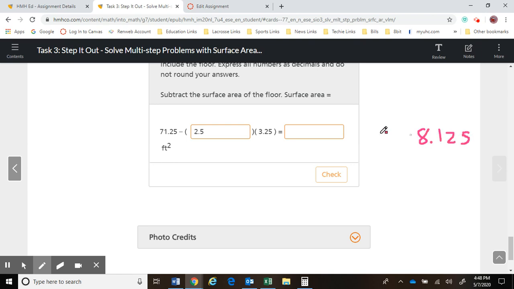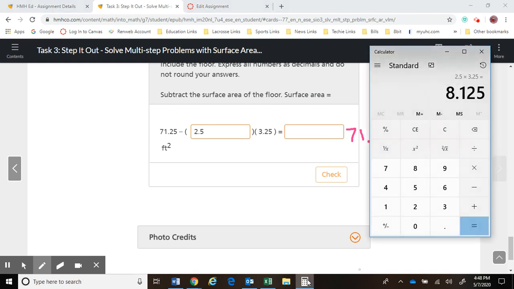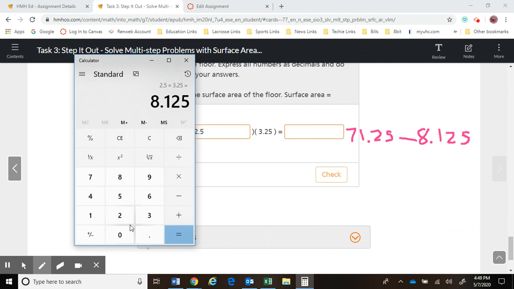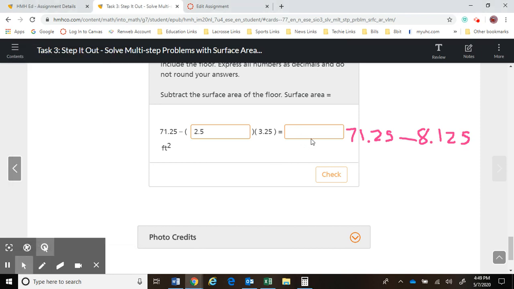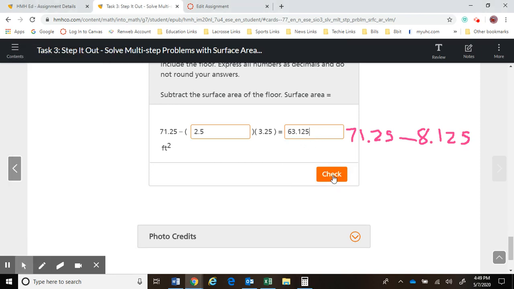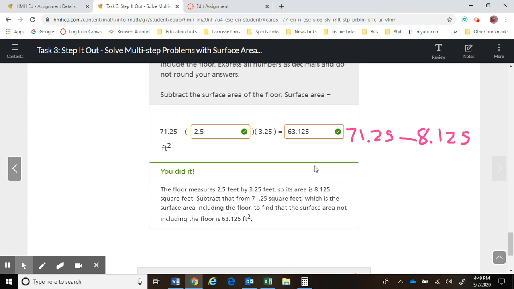And then I'm going to simply subtract that from 71.25. 71.25 minus 8.125. Whoops, I actually made a mistake there. 71.25 minus 8.125, and I get 63.125. There we go.